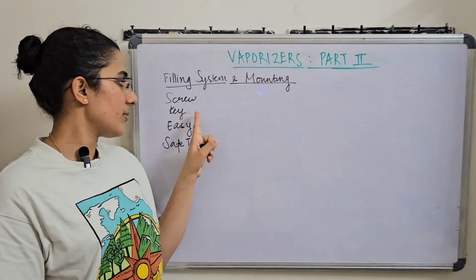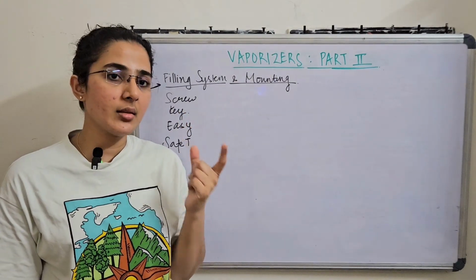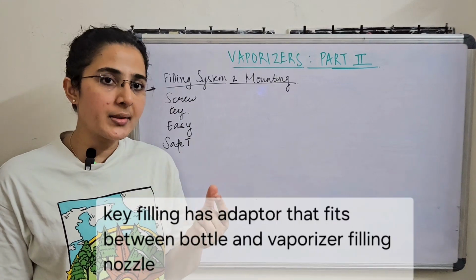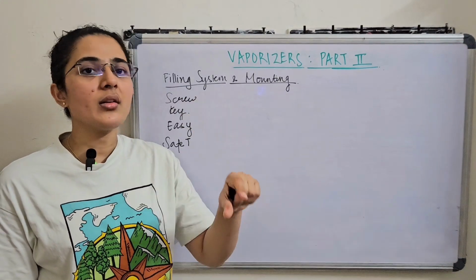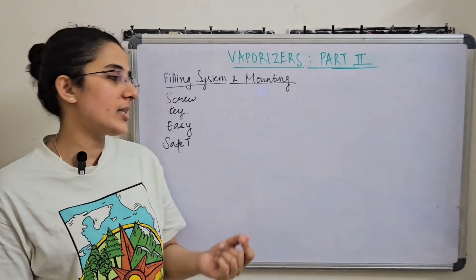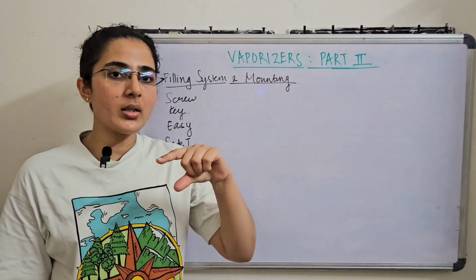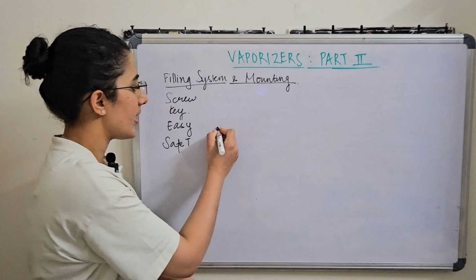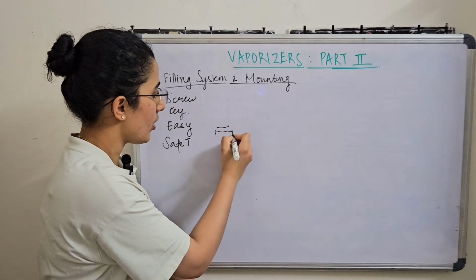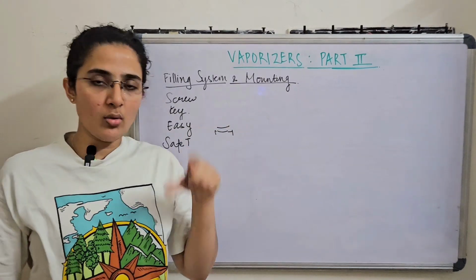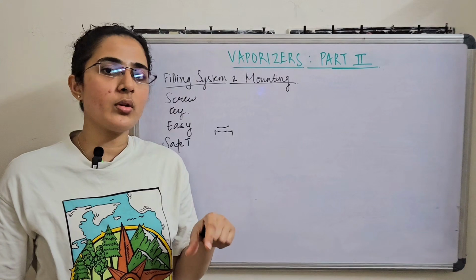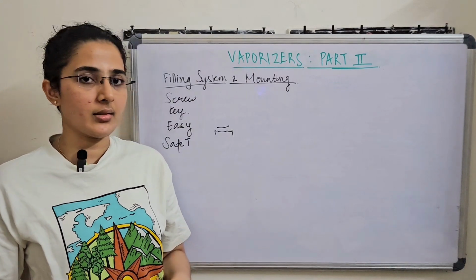The keyed filling system contains the bottle with an adapter which fits into the vaporizer opening, and it is lifted and filled. In the easy filling system, the bottle cap itself contains ridges and collars that fit over the filling port present in the vaporizer.